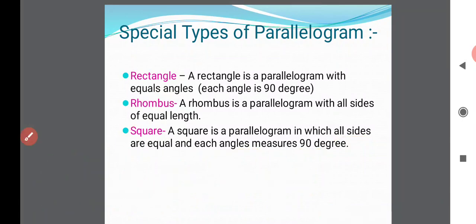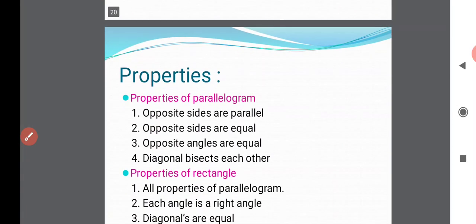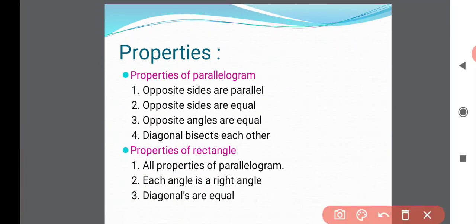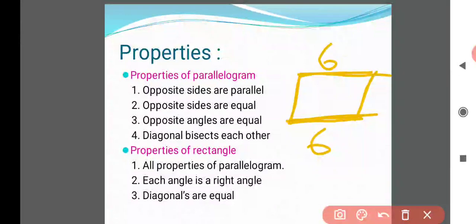After this, let's see the properties of the parallelogram. So let me draw a parallelogram here. Opposite sides are parallel. Opposite sides are equal also. Suppose if it is 6 centimeters, the opposite side will be 6 centimeters. Opposite angles are equal. If I name it as A, B, C and D, then A and C are the opposite angles and B and D are the opposite angles.